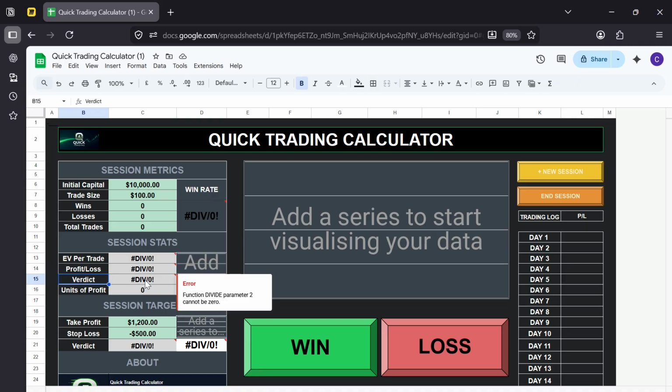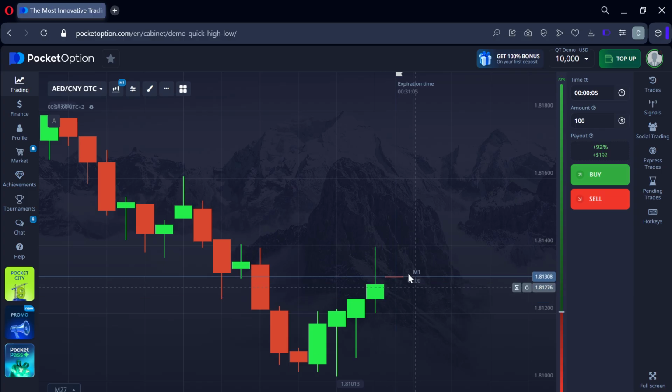Are you profitable or are you not, as well as your units of profit, and most importantly, your take profit that we're going to be aiming for over here, and the stop loss, which we're going to be staying away from, right? Obviously, the take profit being 12 units times our trade size over here, and then stop loss being minus 5 units of our trade size over here. Perfect. Now we're going to get straight into the live trading session.